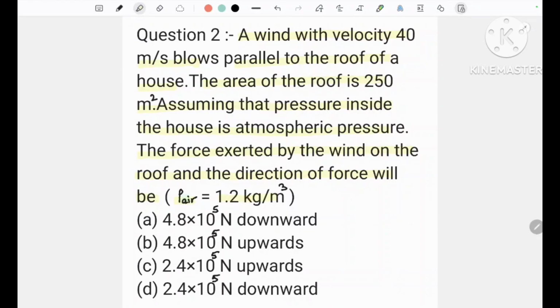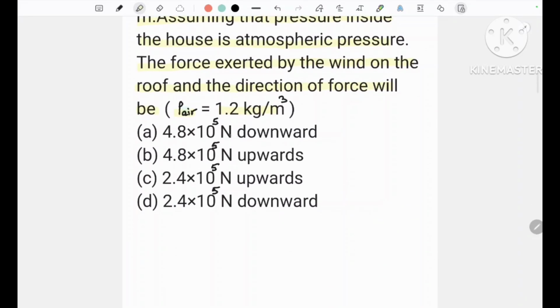Density of air is 1.2 kg per meter cube. 4.8 into 10 to the power 5 Newton downward, 4.8 into 10 to the power 5 Newton upwards, 2.4 into 10 to the power 5 Newton upward, 2.4 into 10 to the power 5 Newton downward.